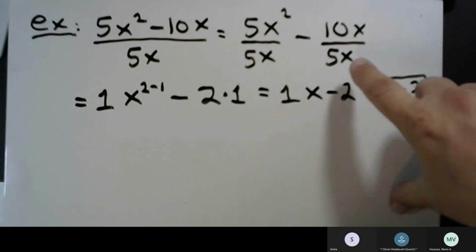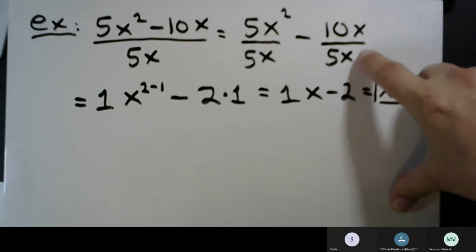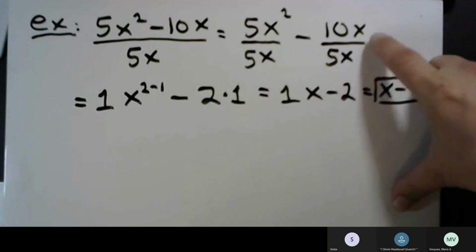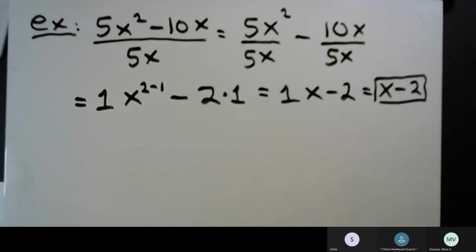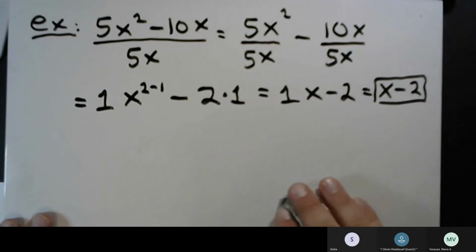Now we are making an assumption that in this particular case, x isn't equal to 0, so we don't get a division by 0. Questions about that? So let's take a look at another one.